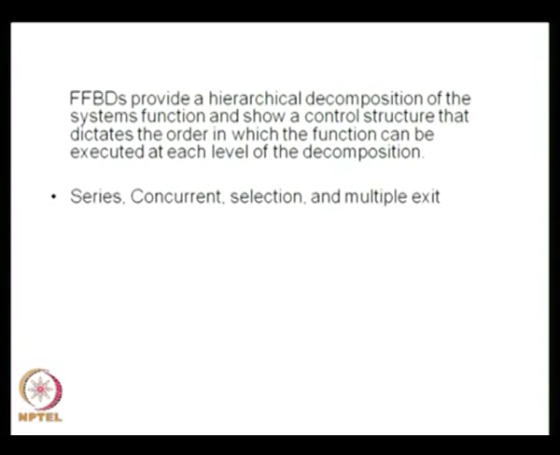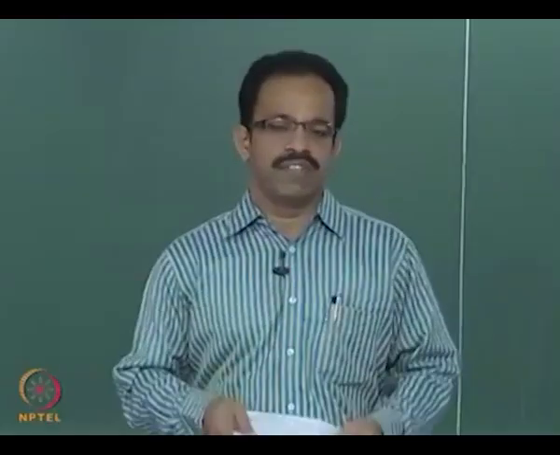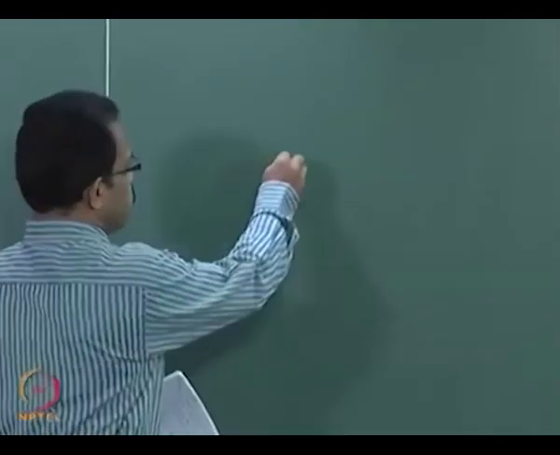We will see how we model these kinds of behaviors, that is series behavior, concurrent behavior, and the selection and exit procedure. How do we model this using FFBD? We will take a few examples and show the method. In a series structure, as the name suggests, the functions execute in a serial way.